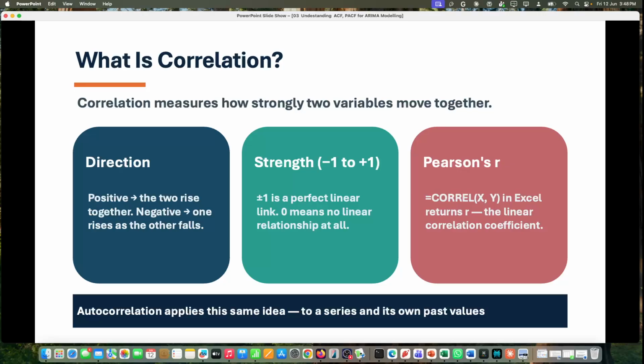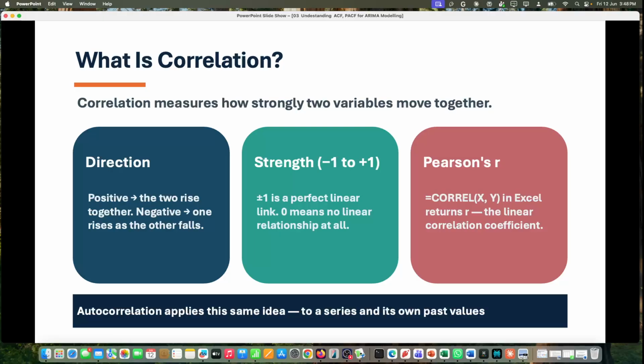Let's quickly look at what a correlation is. Correlation, as all of us know, measures how strongly two variables x and y move together. If the correlation is positive, the two variables move together. If it is negative, one rises and the other falls.